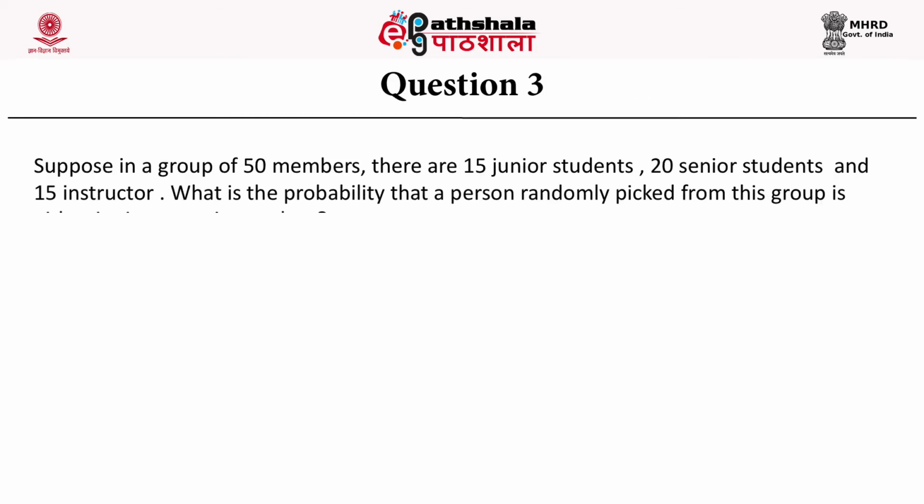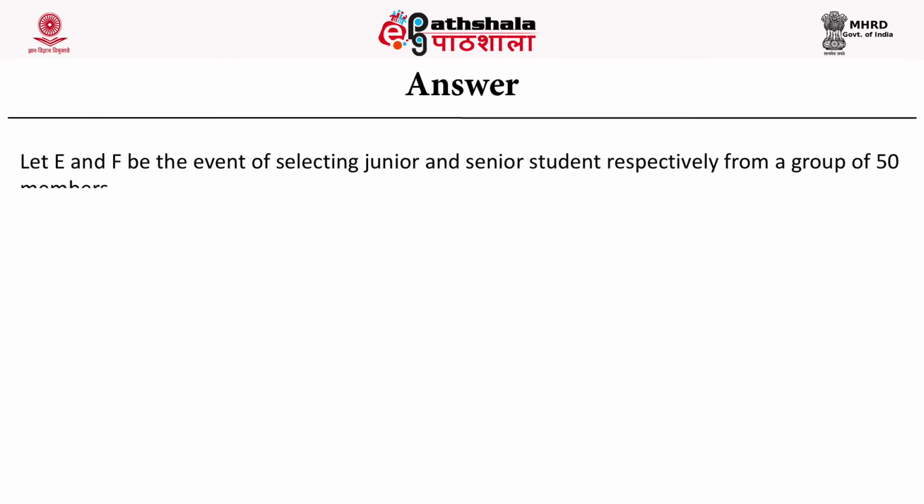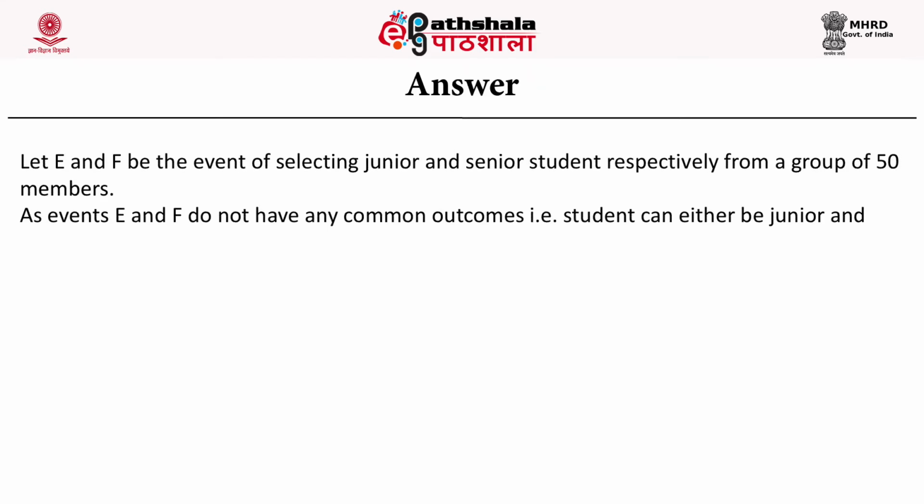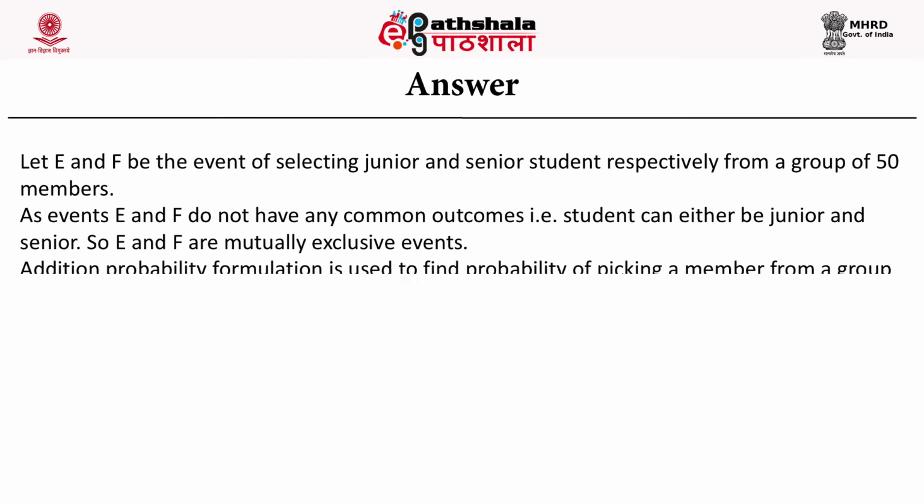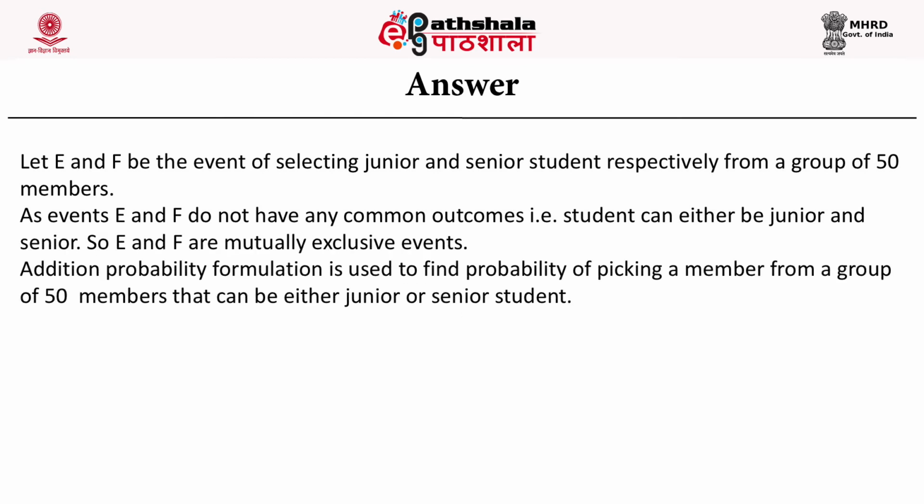Now, let us consider another case. Suppose in a group of 50 members, there are 15 junior students, 20 senior students and 15 instructors. What is the probability that a person randomly picked from this group is either a junior or senior student? Let E and F be events of selecting a junior and senior student respectively from a group of 50 members.